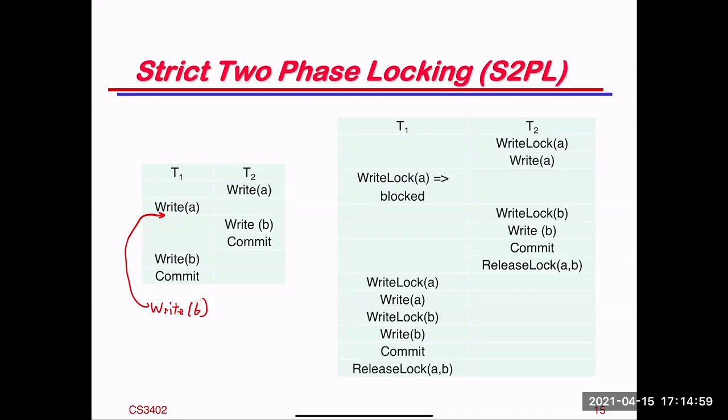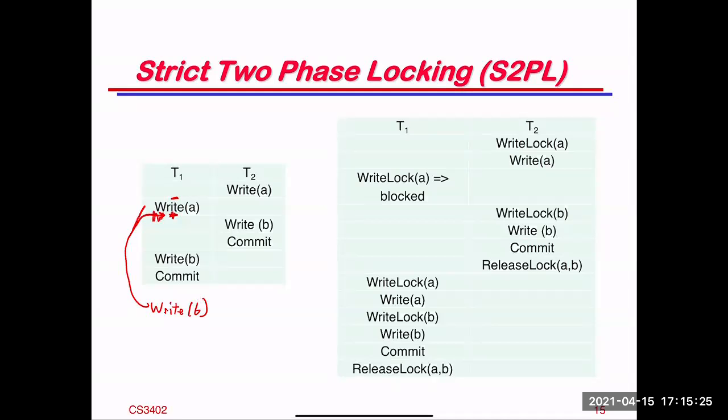I have a question. Yeah, one second. Well, it doesn't really matter whether the write B happens here or here, right? So let's just see what happens in that case.